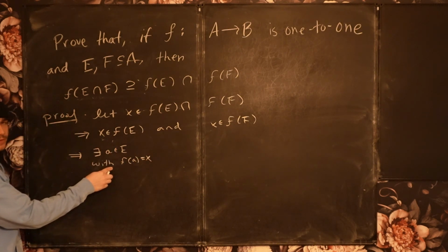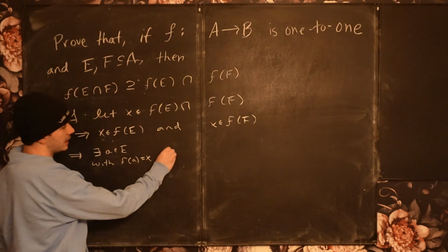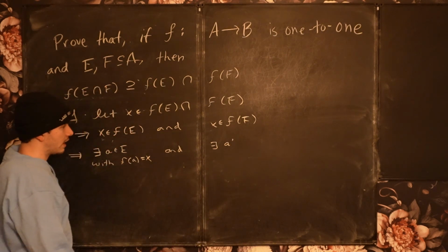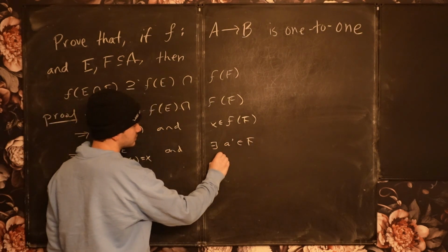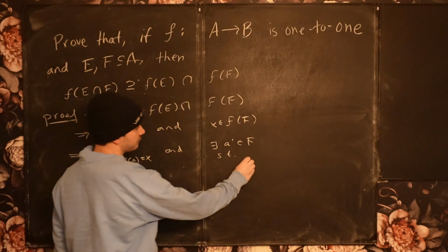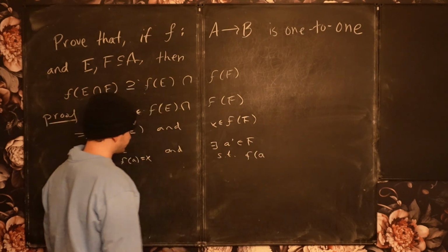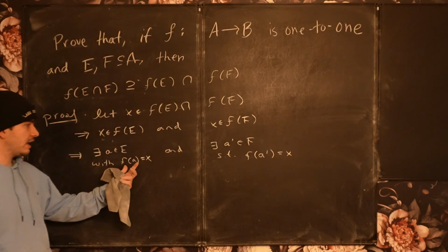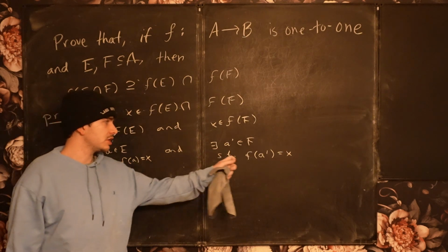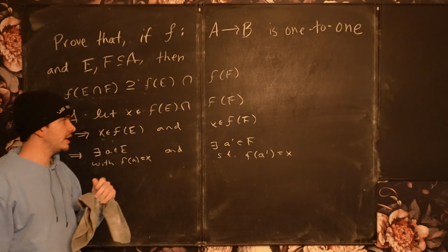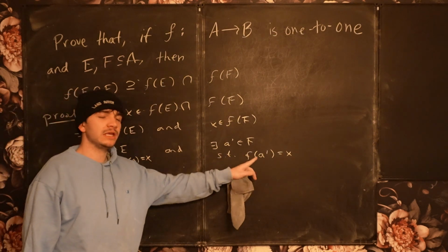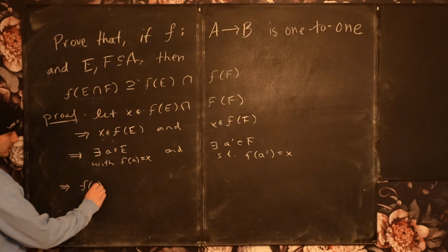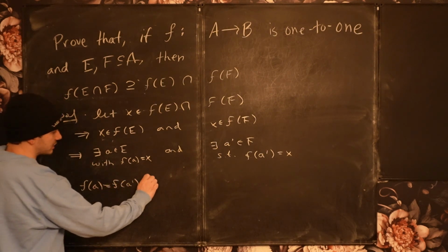That's the definition of x being in the image set of E. And I know that there exists a, potentially different, a prime in F such that f of a prime is equal to x. But now we notice that a and a prime have the same image under f. So we know that f of a is equal to f of a prime, which is equal to x.